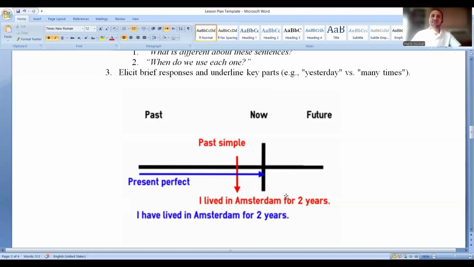It means the action happened a short time ago and the cake is still there and we're going to eat it for dinner or lunch. So the point is, the action in the present perfect is so connected to the present time. But the past simple has nothing to do with the present time.